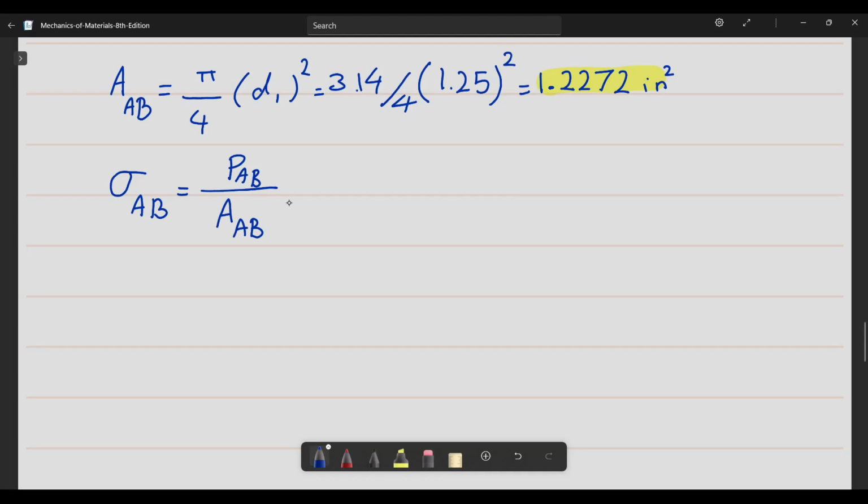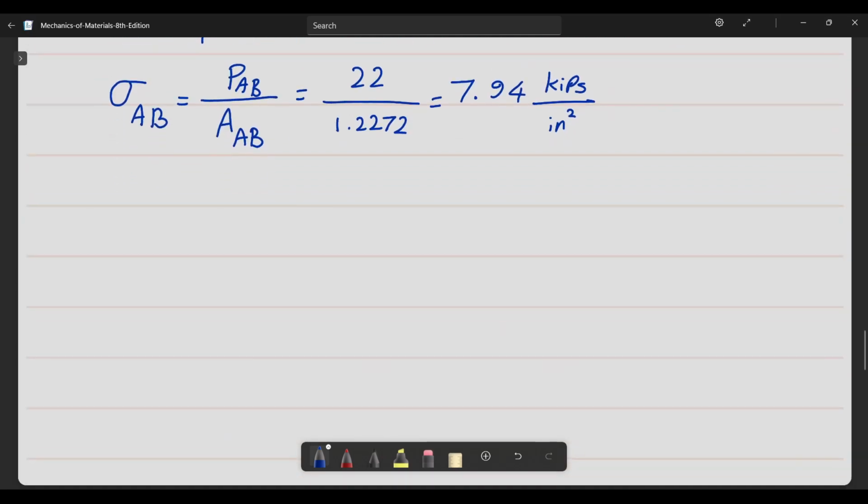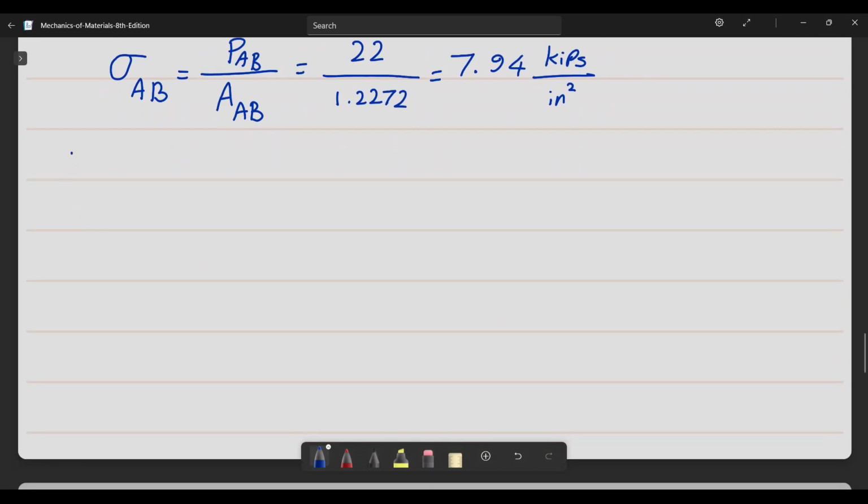That means the total load of 22 kips divided by an area of approximately 1.2272 square inch, which gives us 7.94 kips per square inch. That completes part A. Let's move on to part B.